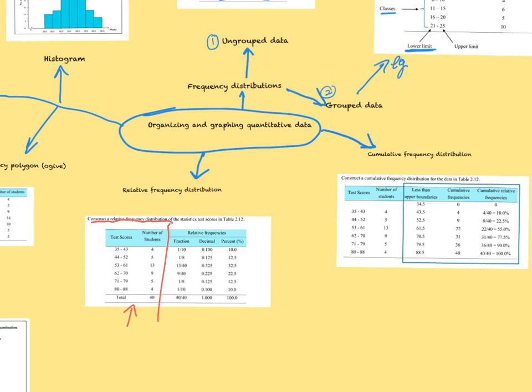For the fraction 1/10, the value 1/10 actually comes from the number of students 4 divided by 40. 40 is the total, that's why you get 1/10, and then you calculate the decimal, and then you calculate the percentage. So that's all about relative frequency distribution.